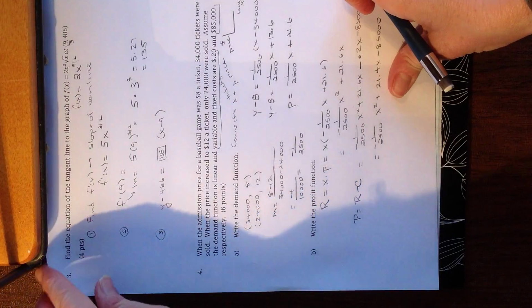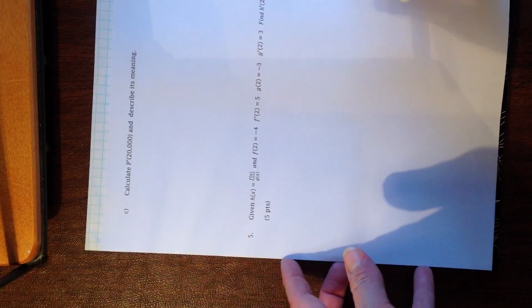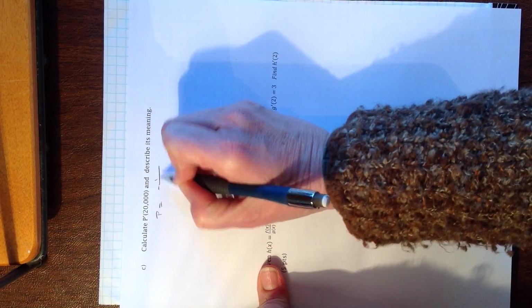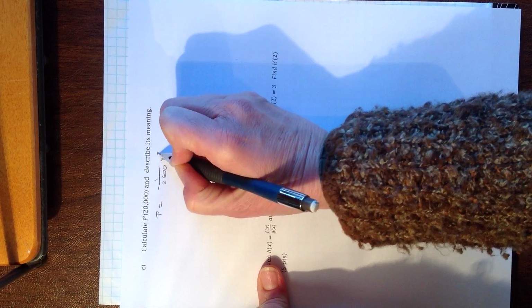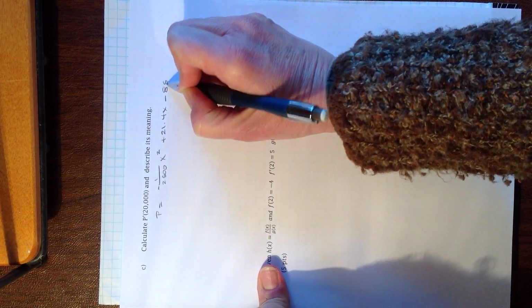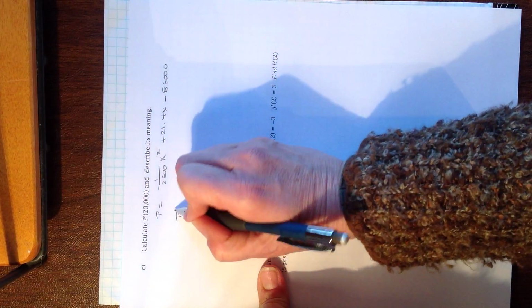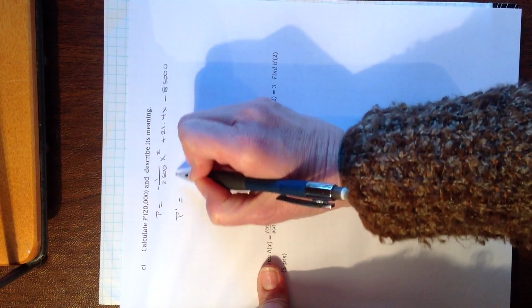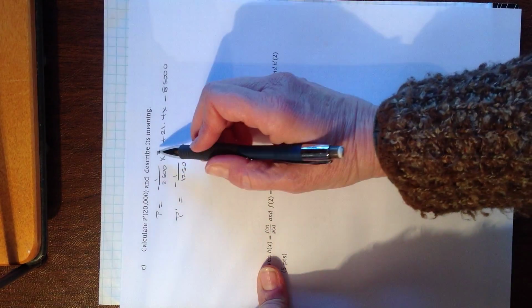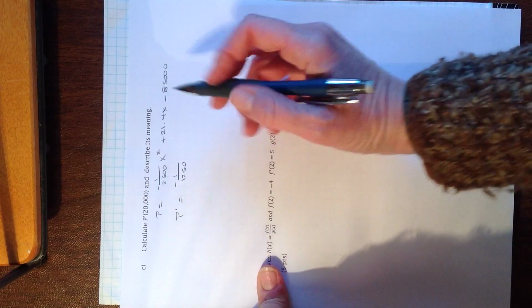So after we got the profit function, the C question said calculate P prime of 20,000. Well, if P is -1 over 2,500 x squared plus 21.4x minus 85,000, P prime is -1 over 1,250, which is 2 times this coefficient.